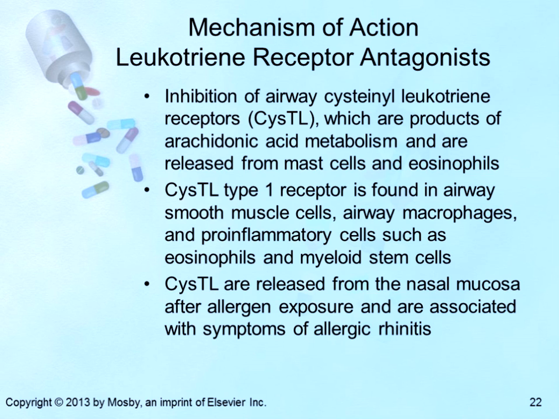These CysLT type 1 receptors are found in airway smooth muscle cells, airway macrophages, and pro-inflammatory cells such as the eosinophils and myeloid stem cells. The CysLTs are released from the nasal mucosa after allergen exposure occurs and are associated with symptoms of allergic rhinitis.